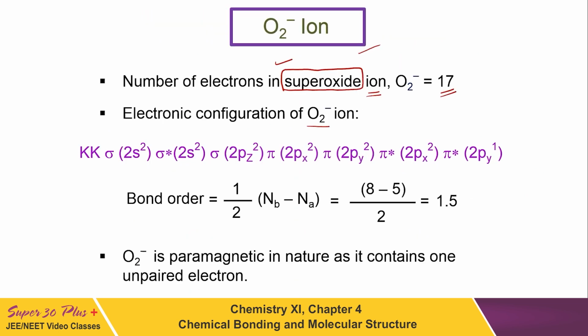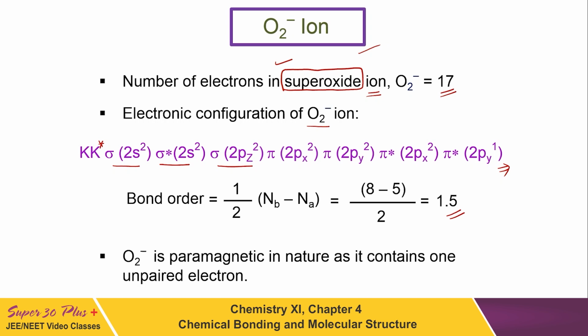Now the same MO diagram you will see here. This KK means sigma 1s and sigma star 1s, sigma 2s2, sigma star 2s2, sigma 2pz2, and then finally this is the electronic configuration. Now the bond order will be the number of electrons in BMO minus ABMO, that is 8 minus 5 for the outer shell, because the inner ones cancel out with each other, divided by 2.